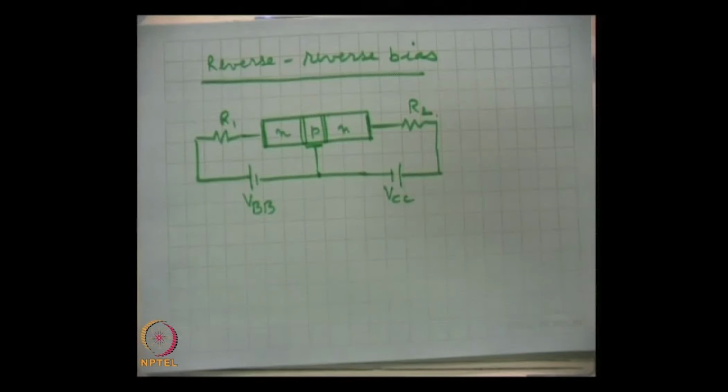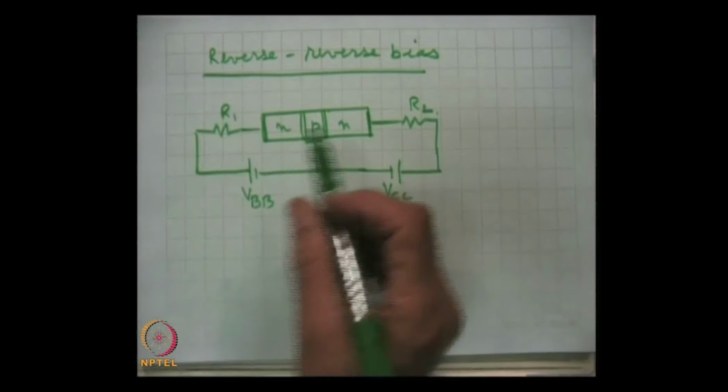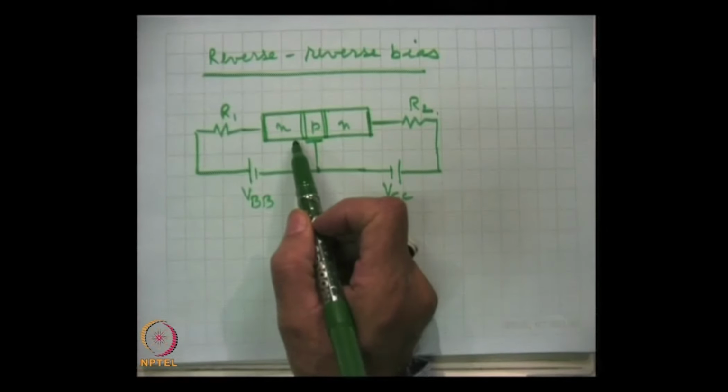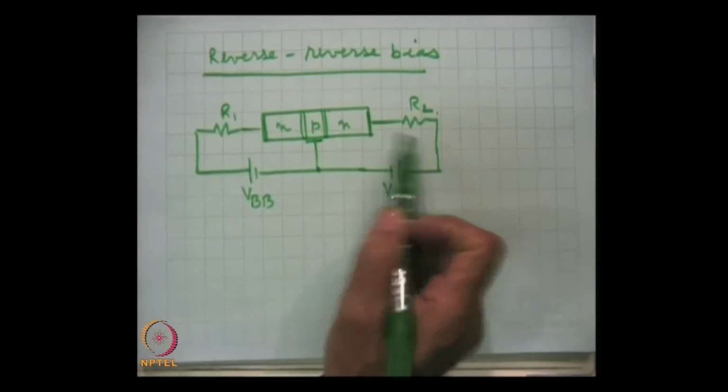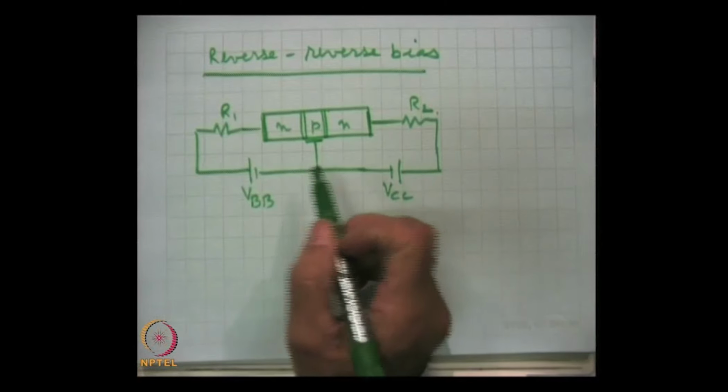Then we take reverse bias. Here the emitter junction is reverse biased and the collector junction is reverse biased, and we understand from our knowledge of the p-n junction that when it is reverse biased, very feeble currents flow, at least 3 or 4 orders of magnitude smaller than the currents we observe when the junction is forward biased.